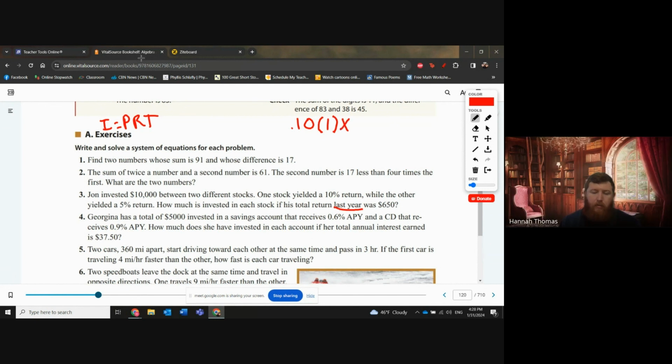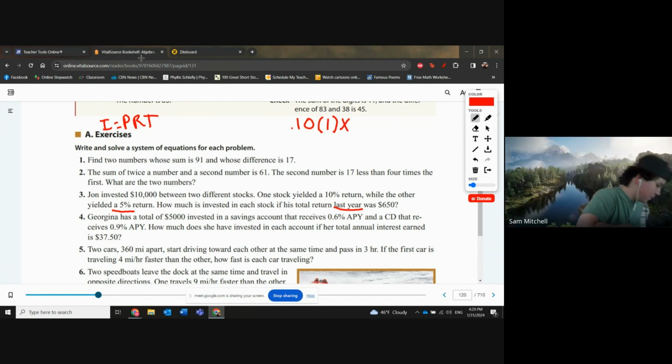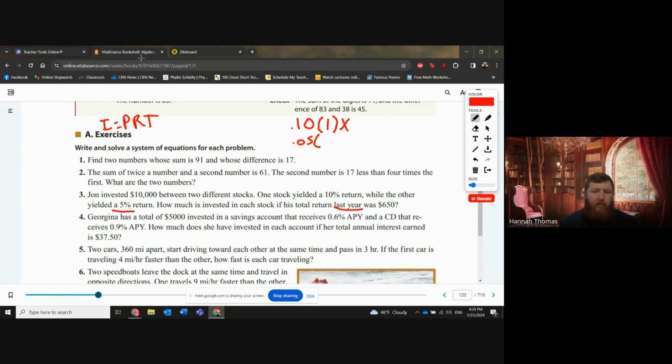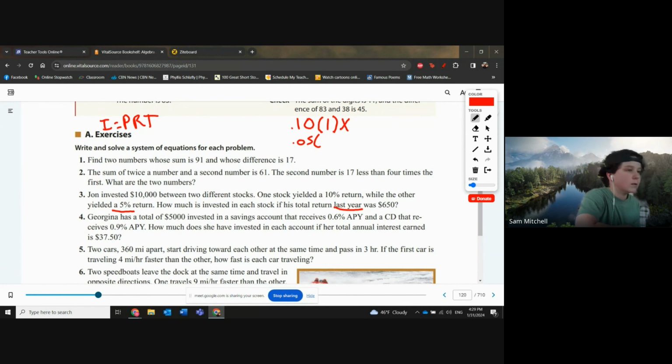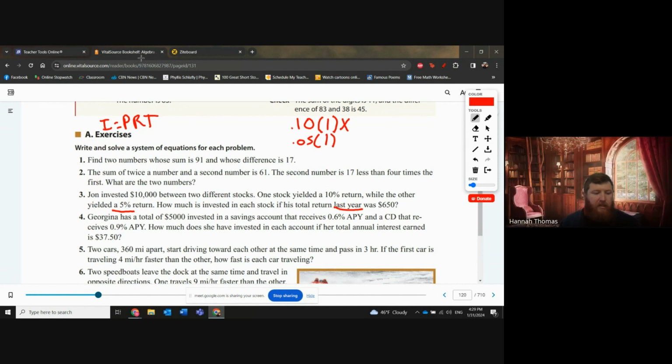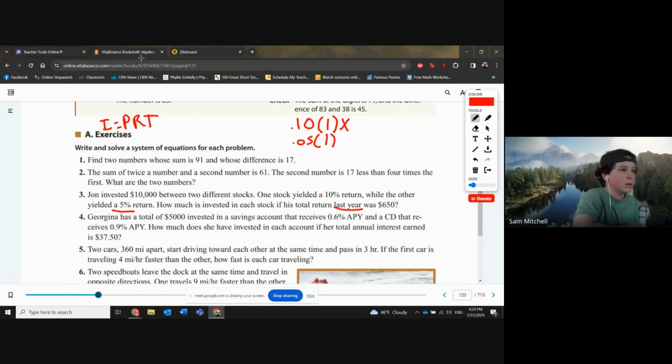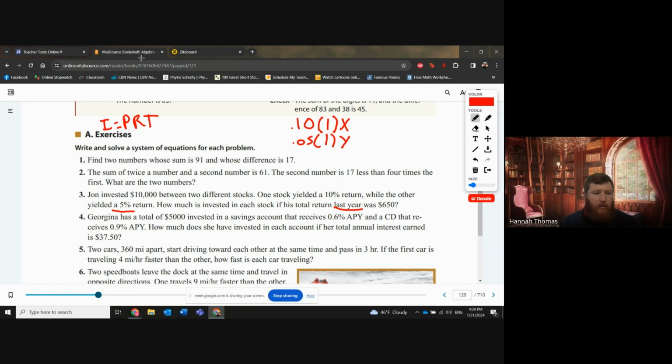Okay, for the second one, what is the rate of return? 5%. So 0.05. How long was it in the bank? 1 year, and that was a separate amount, right? Yes. Okay. And so we know that if we were to add these together, they're going to give you how much?